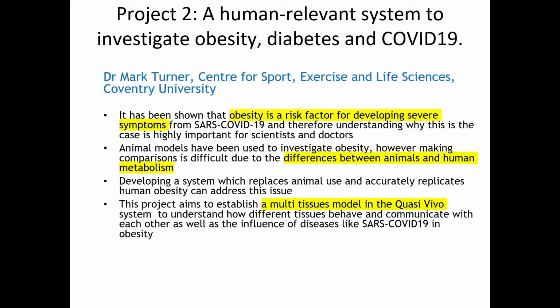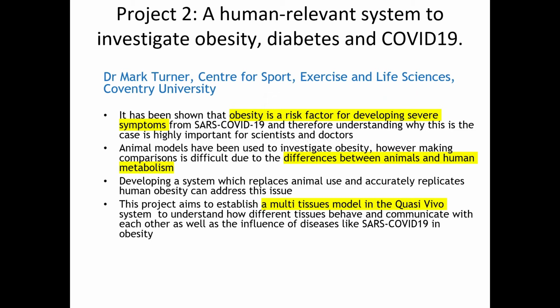On to project 2. Mark Turner is the principal researcher in that project, and he's at Coventry University in the UK. That one is interesting in that the data suggests that people who are obese are more at risk of developing severe symptoms from the SARS-CoV virus, and they're trying to understand why that may be.